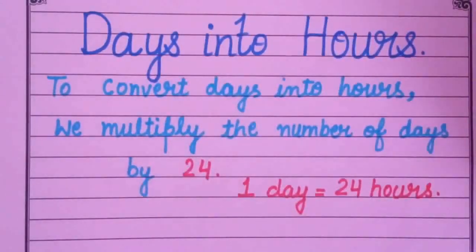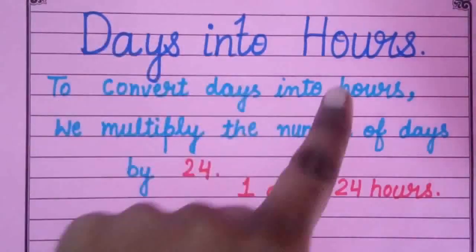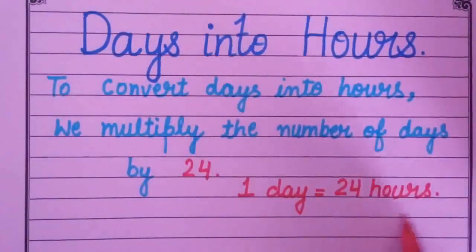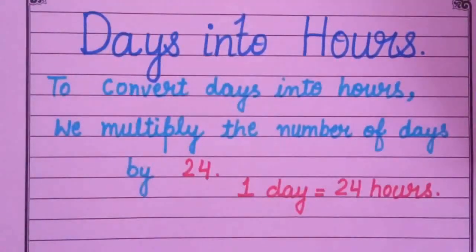You know this thing very well कि 1 day में total 24 hours होते हैं. That's why whenever you want to convert days into hours, it's needed to multiply the number of days by 24. आपको number of days को 24 से multiply करना होगा. The ultimate unit will be hours, क्योंकि आप hours में convert करने जा रहे हैं. This is the formula.